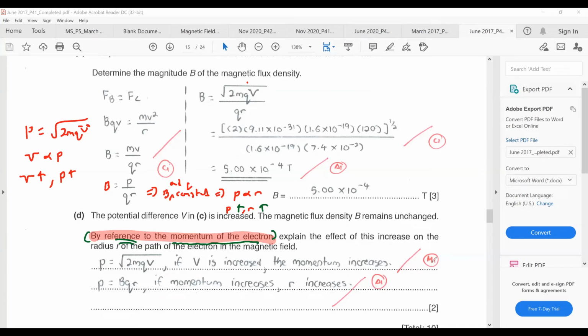If V is increased, momentum increases. And then from this part of the equation, where P is equal to BQR, if momentum increases, R would increase. Right? So this part is fine.